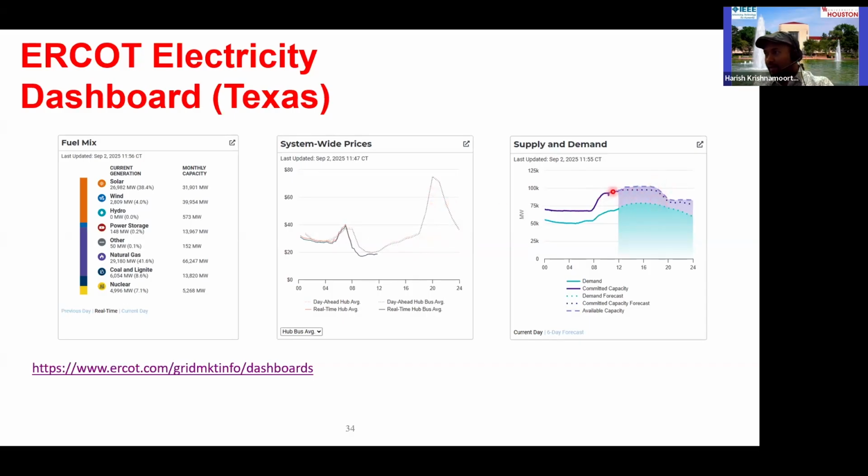So there is a wider gap during this time, as we are right now, and during the evening time, that supply demand gap reduces, and that increases the system wide prices. And you can see the prices going towards $80 per megawatt hour. So this is right today. If you go to this link, you will be able to see that.